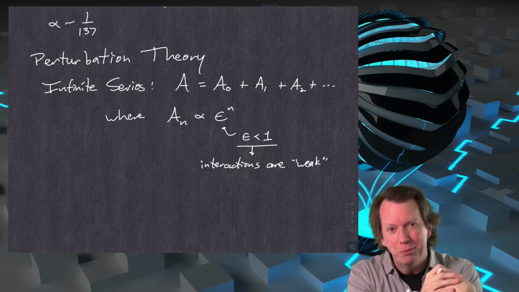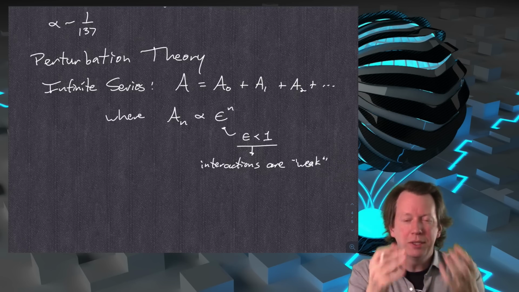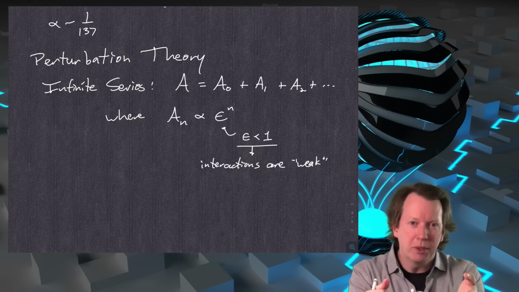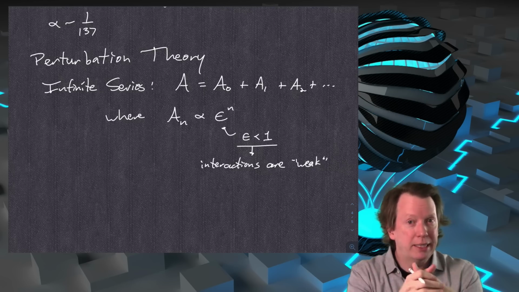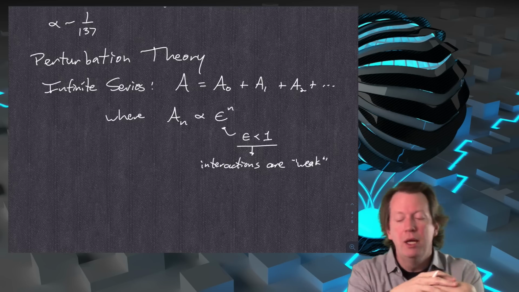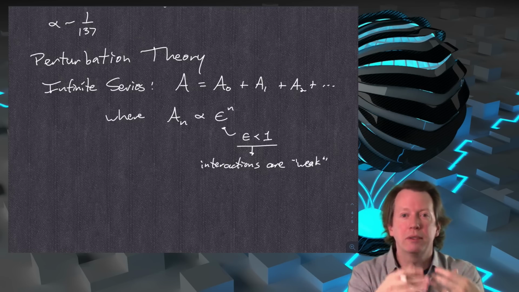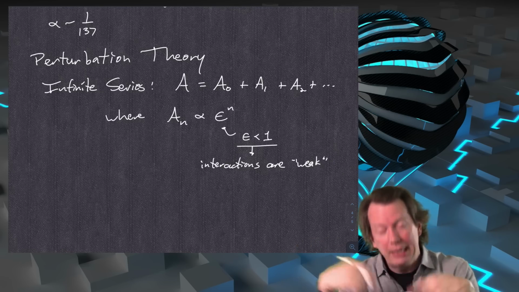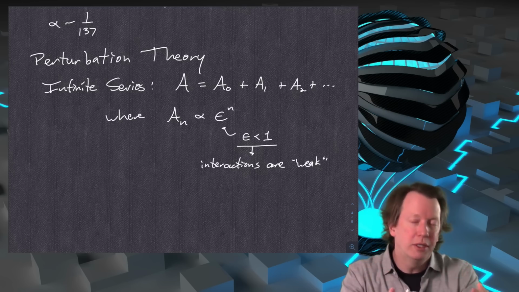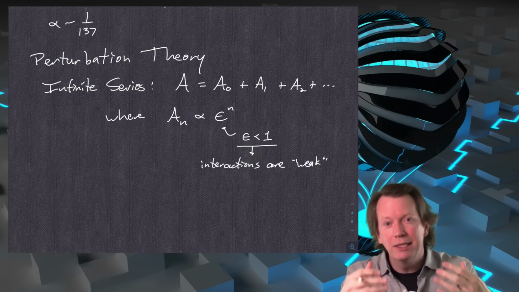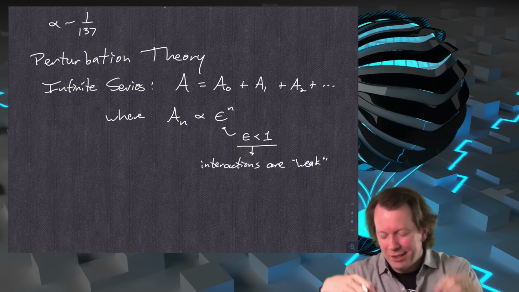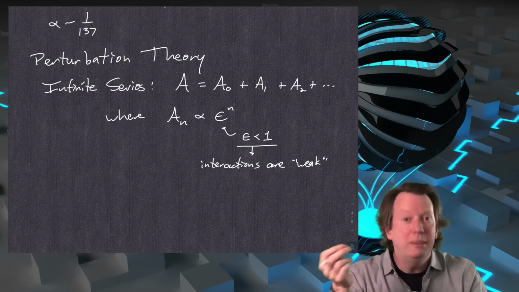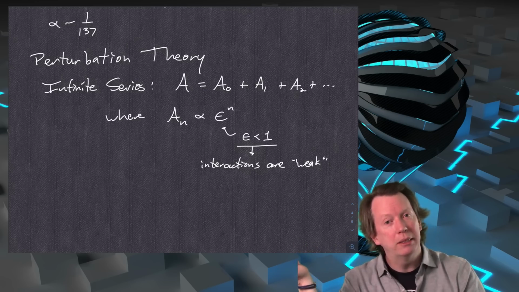It's a dumb name for an important interaction. So sometimes when you say weakly interacting particles, like the dark matter candidates weakly interacting massive particles, what you mean is particles that are interacting through the weak nuclear force. Other times, like here, all you mean is particles that are interacting through some interaction that is not that strong. Okay, so this is just an interaction that is feeble, and when interactions are feeble, perturbation theory works.